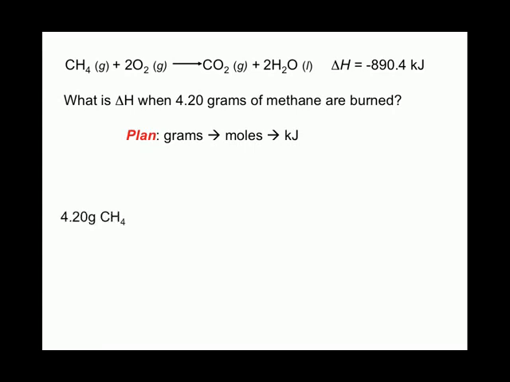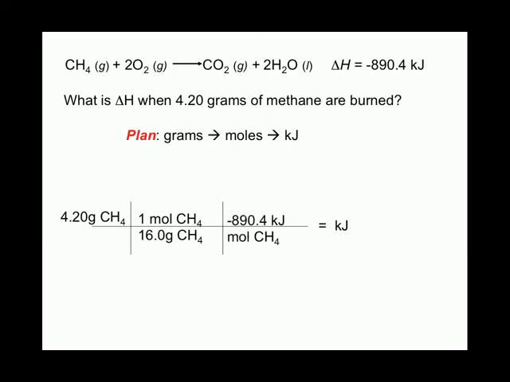So I take my 4.20 grams of methane and convert it to moles. I need to know its molar mass. So the molar mass is 1 mole to 16 grams. Then my enthalpy factor. Now sometimes in some books you might see them dropping out the negative sign when they pop it into an equation like this, and that's because there is no such thing as negative heat.